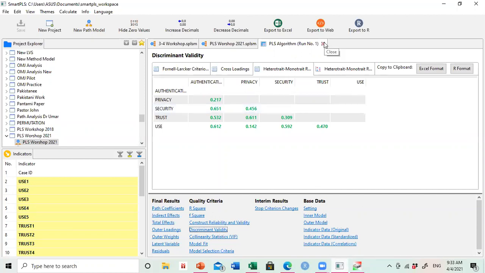So if you are ready, you open your SmartPLS software, and we start. In this case today, there should be a minimum of sharing.